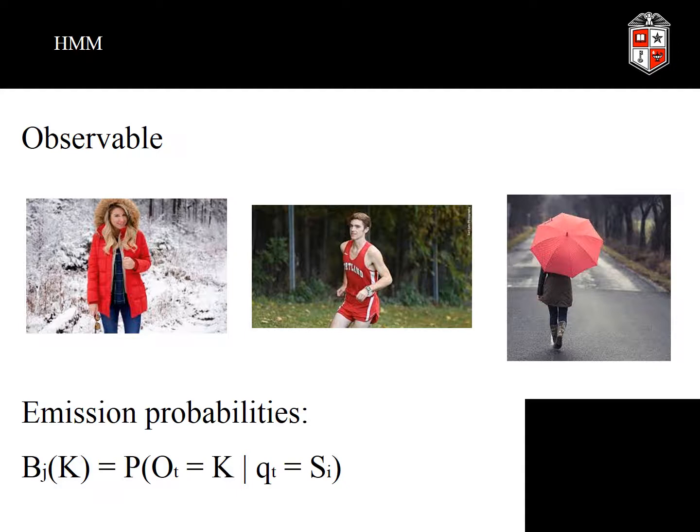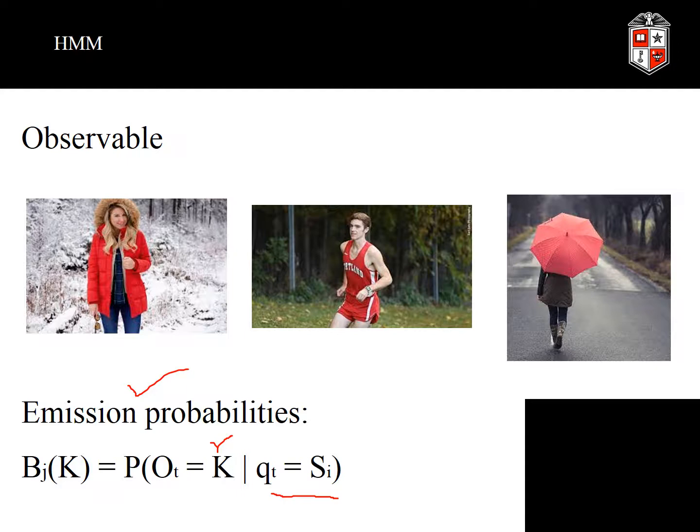So here we have a new term, which is called emission probability. It is a conditional probability over the states. We're saying that, knowing the particular state we are in, what is the probability that we are seeing a particular observable, such as a coat or an umbrella?